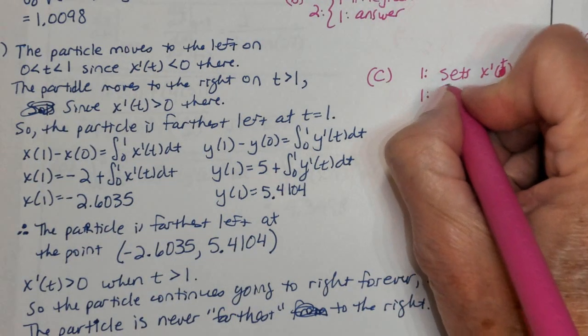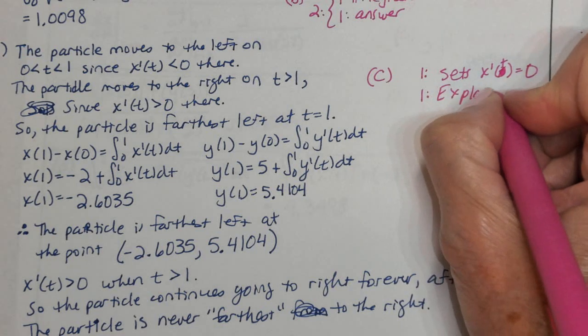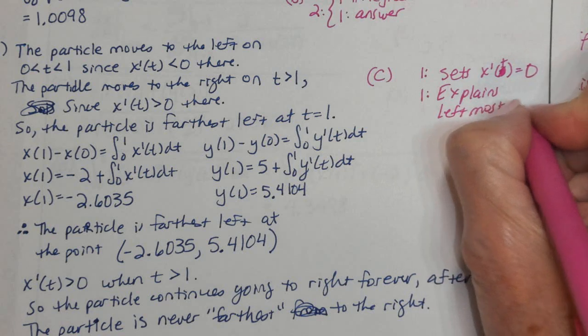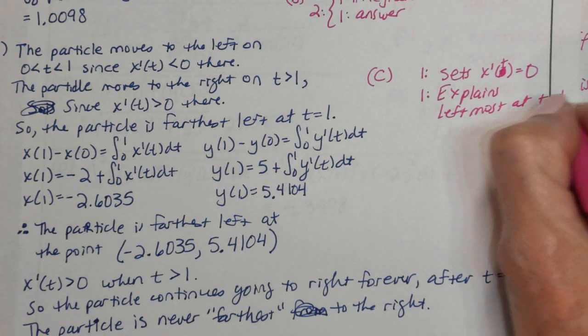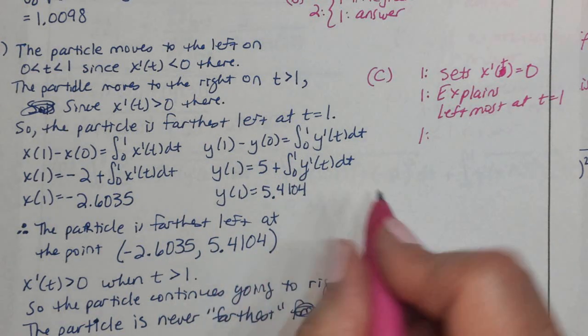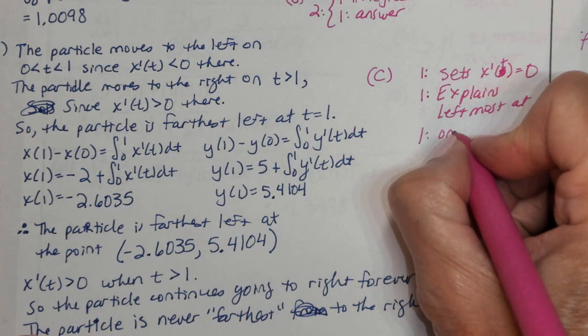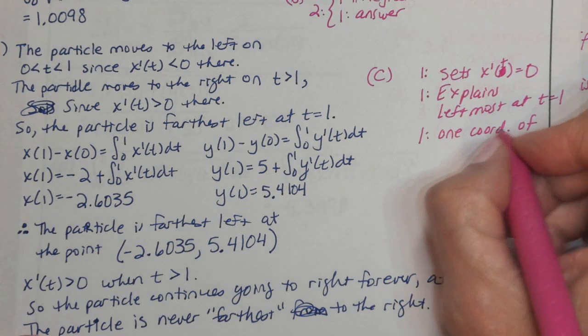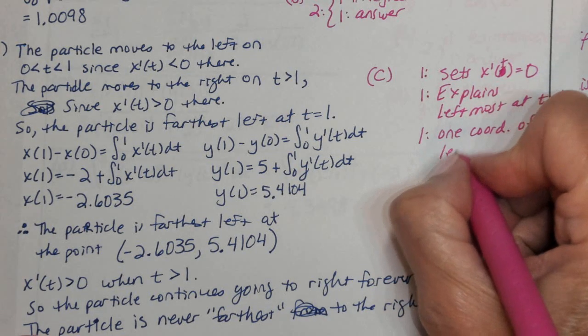1 point explains leftmost at time 1, which we did, leftmost at time 1. 1 point for one coordinate of that leftmost point.